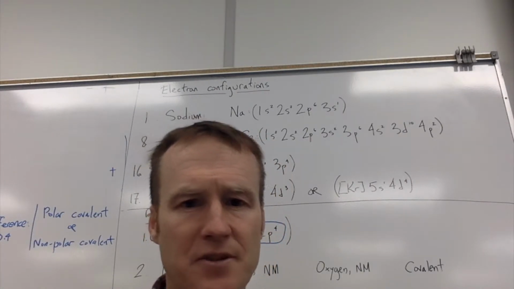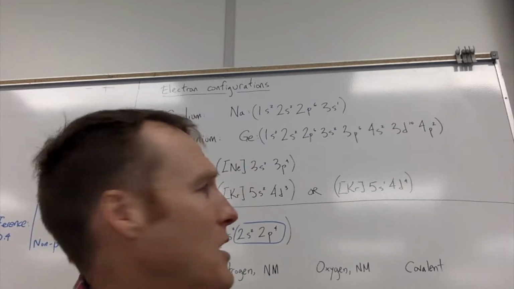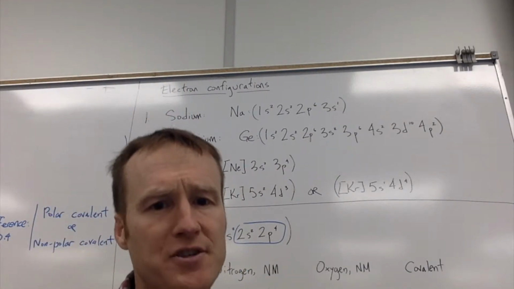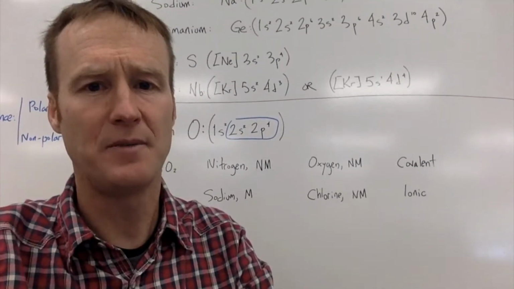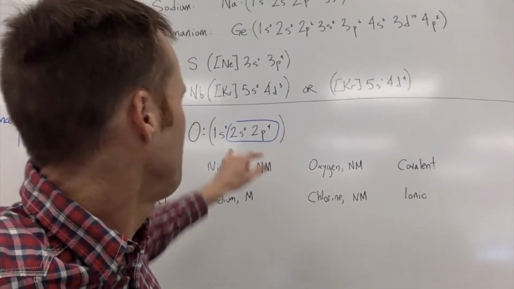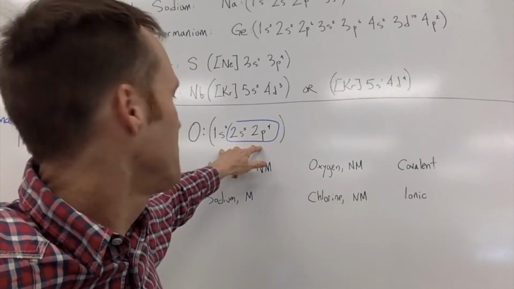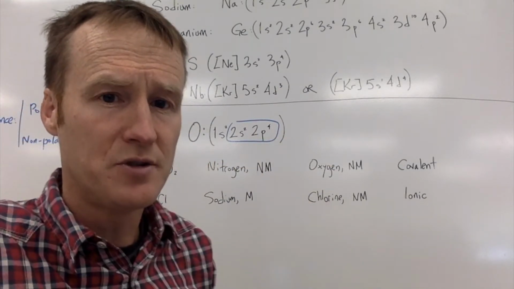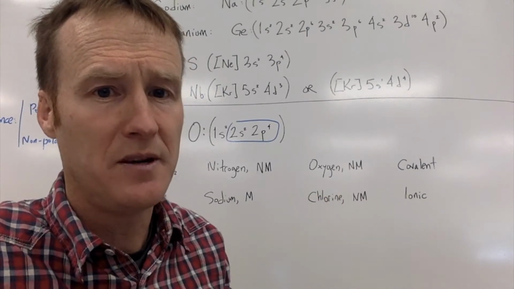Lessons 3 and 4, there's a number of questions I want to review. That's why I'm going quickly. For oxygen, I asked for an electron configuration. Remember, this always starts with the element symbol, in this case O. And then I say, what are the valence electrons? What are those outer shell electrons? Well, the outer shell is shell number 2 with the 2 subshells, 2s and 2p.